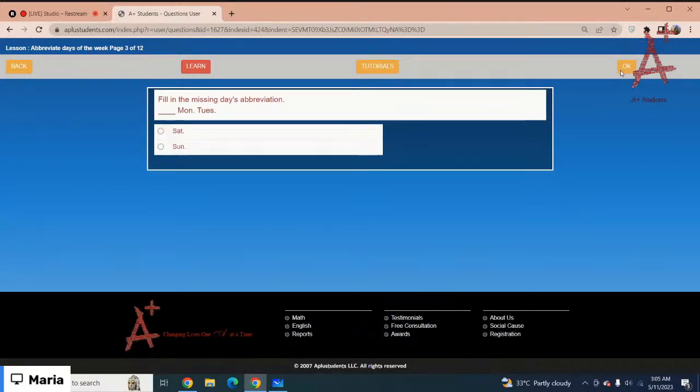Fill in the missing day's abbreviation. Blank, Monday, Tuesday. Which is the day before Monday? Before Monday, it would be Sunday, SUN. The second option is the correct one.